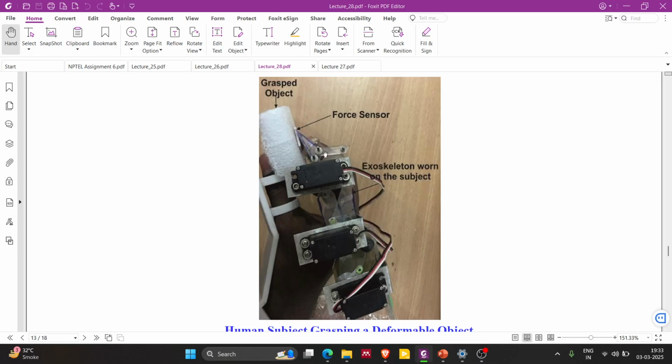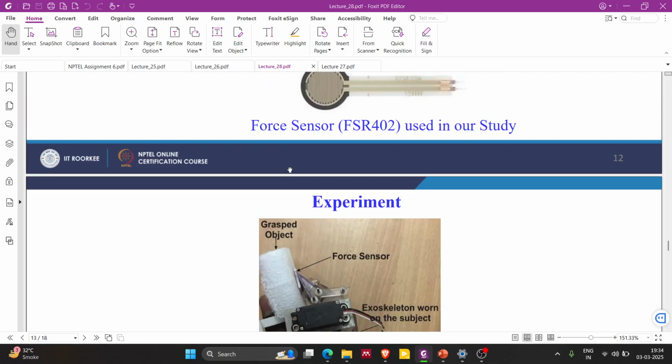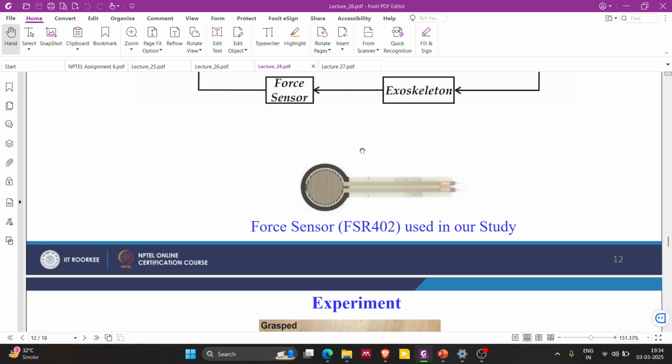In this case we are trying to grasp this object, though most experiments are done by grabbing a coin. If that force is high, your finger might break, because you are applying two opposing compressive forces. That's why these force sensors have been used.